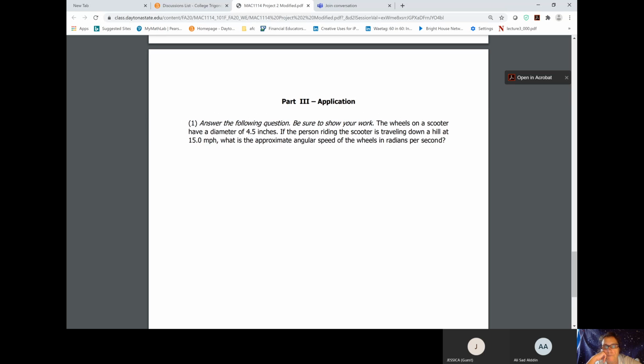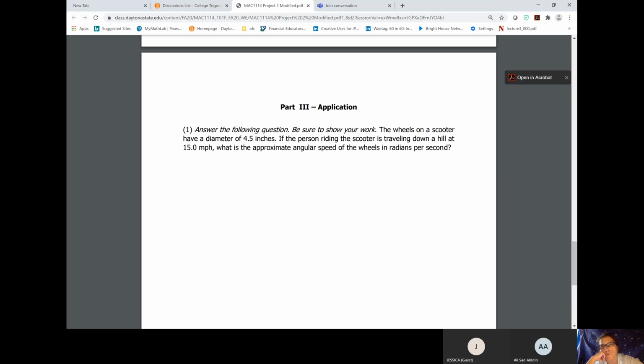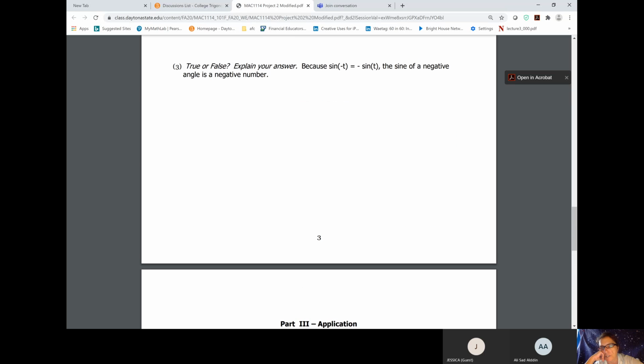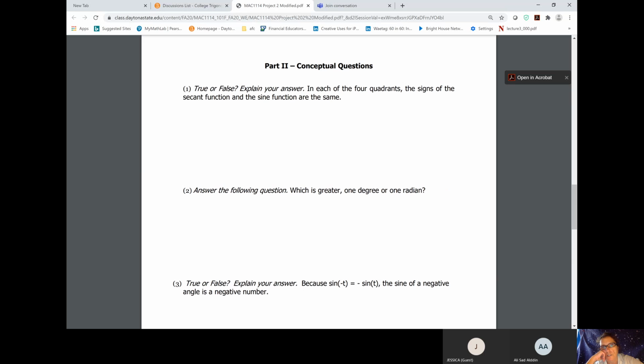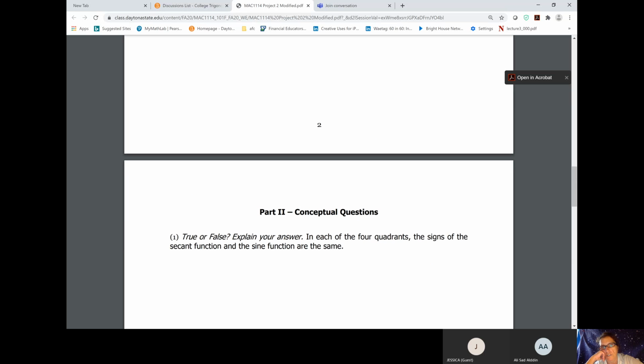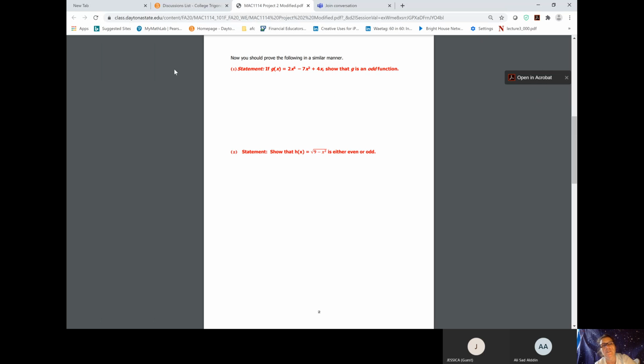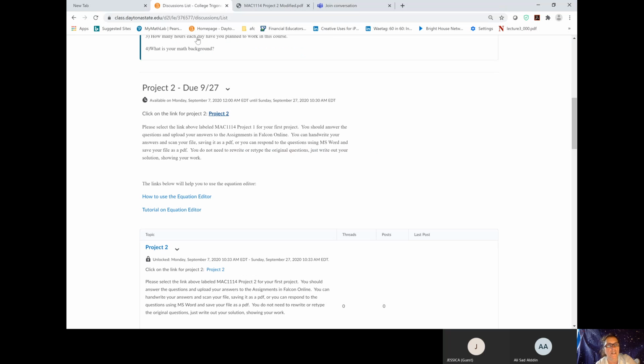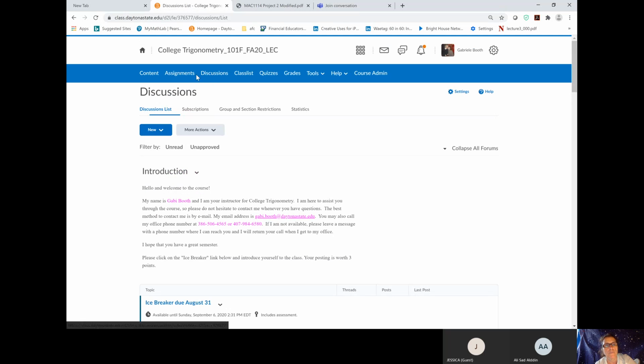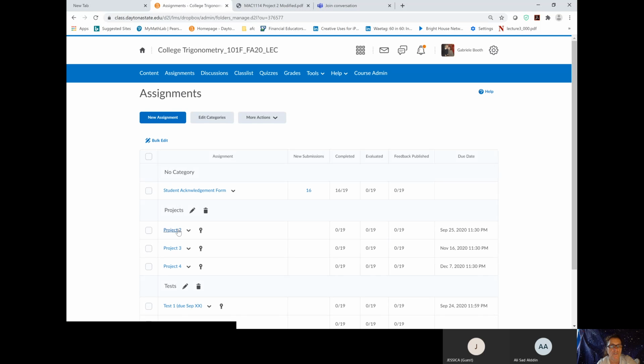So you print this out, you work on it, nicely put the answers down, then you can scan it and upload it to your completed assignment. You upload it to the assignments folder where it says project 2. It goes right in here. And that's it.